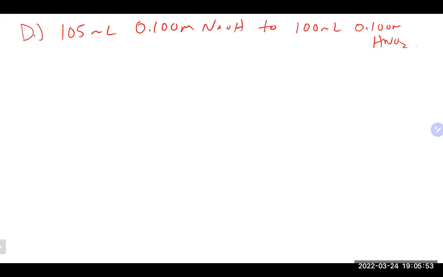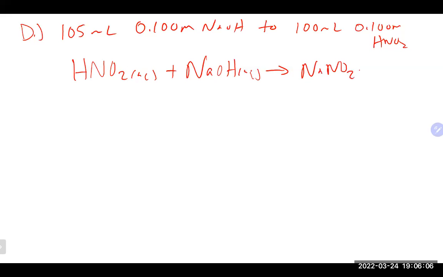So D is 105 milliliters of our 0.1 molar sodium hydroxide to our 100 milliliters of our 0.1 molar nitrous acid. So much like everything else here, we will have our reaction. Good news is it has not changed here, the reactions. So we'll end up with the same guys.